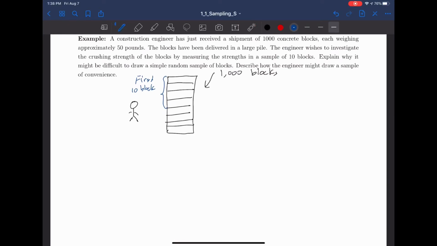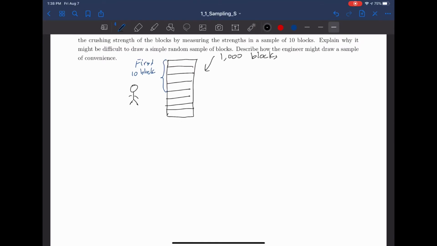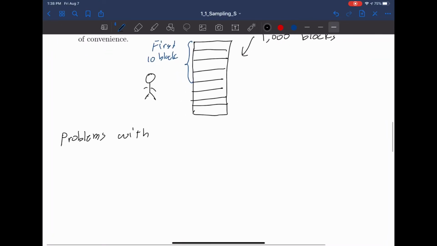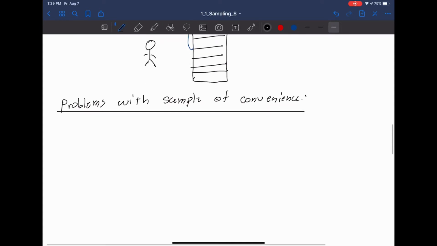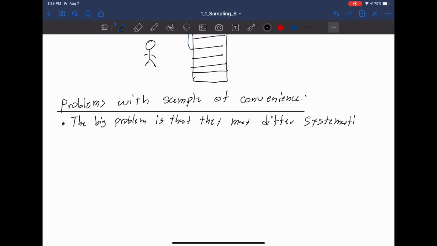Okay, so there's a couple problems with this sampling. Problems with sample of convenience. One is that the big problem is that they may differ systematically in some way from the population.